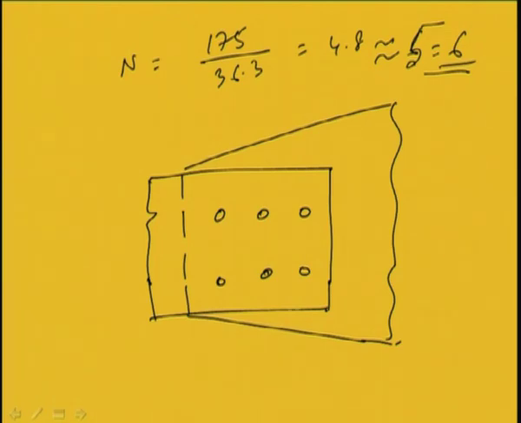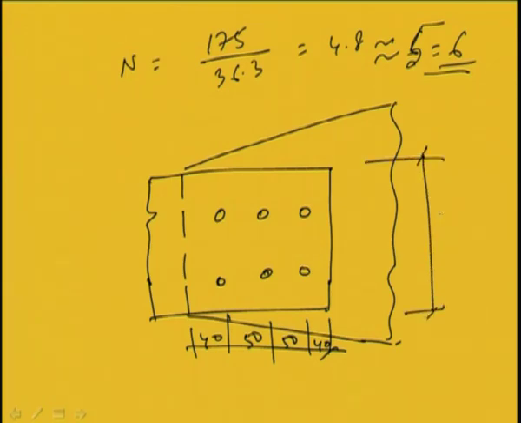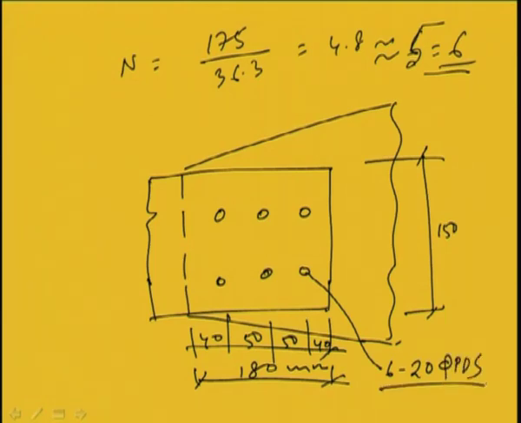Now we are providing pitch and edge distance of 40, 50, 50 and 40. This is 150 and this total is becoming 180 mm, and we have provided 6 rivets. Now in this way we can make it.